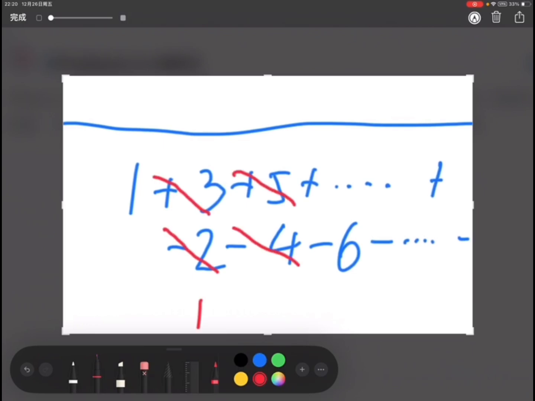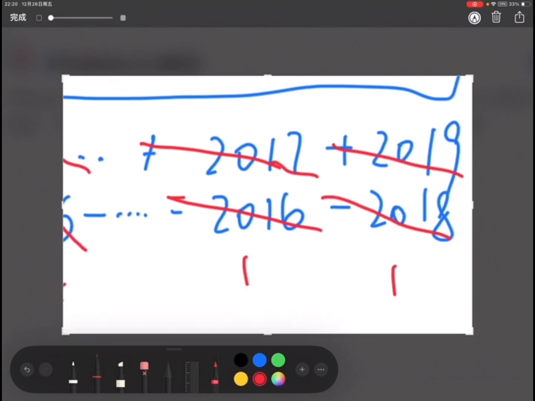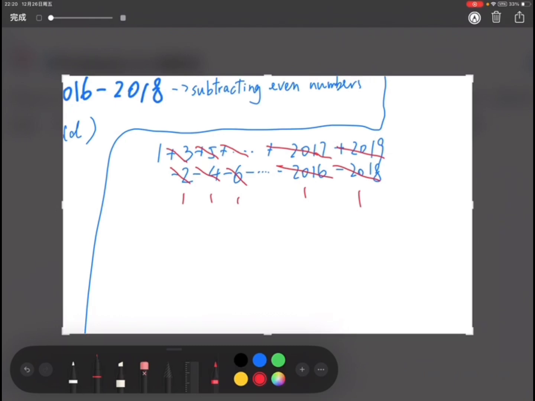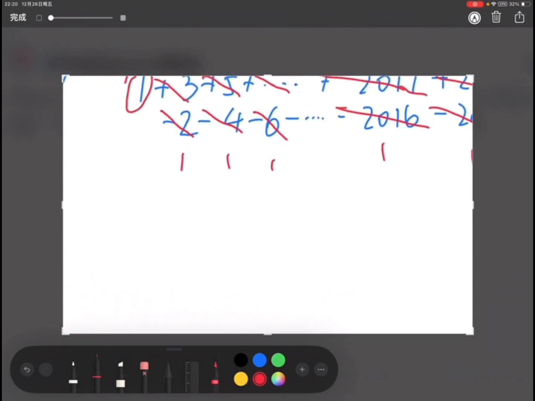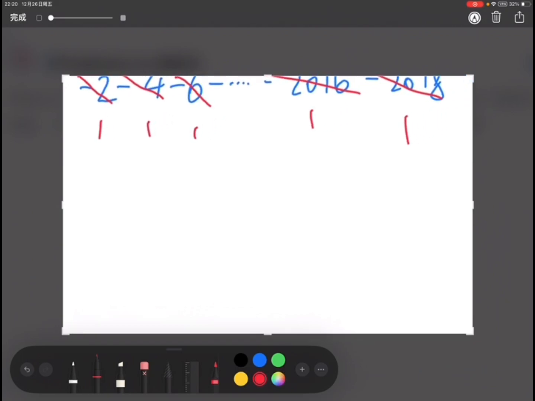1, 1, 1, dots, 1, and another 1. And as we've said before, we would have 1009 pairs, because we don't have the 1 here, meaning that on the upper row and the lower row we have 1009 numbers.